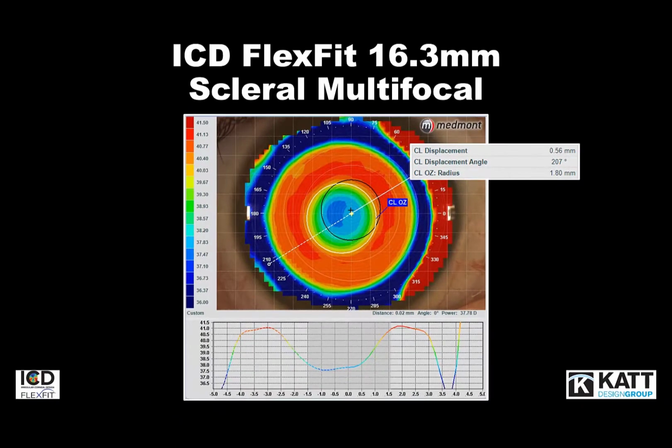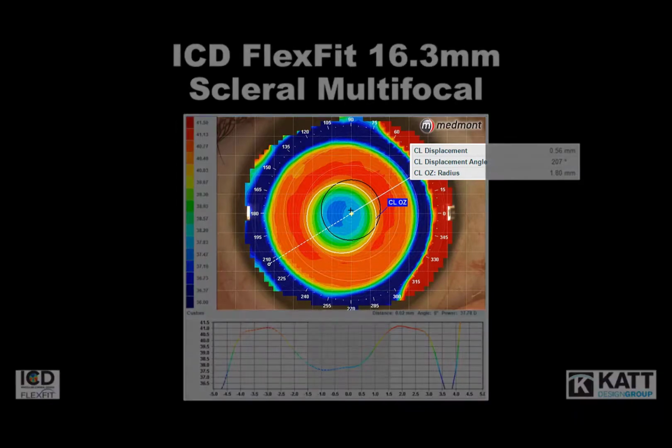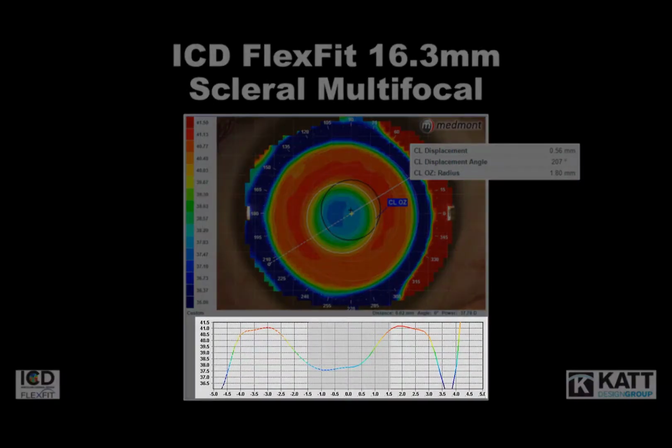Performing topography over our multifocal lenses tells us two very important and obvious things: where the multifocal is centered, as well as the power profile that the lens provides the patient.